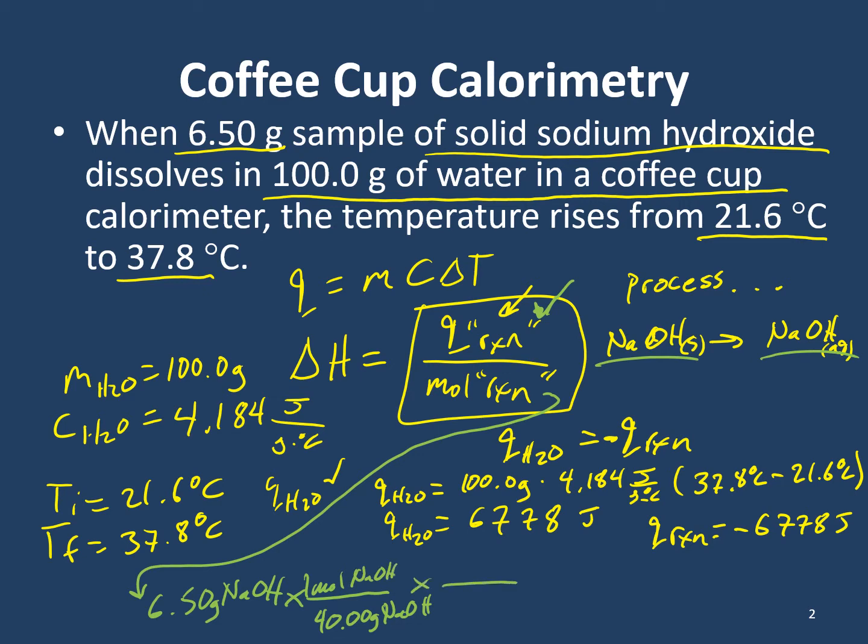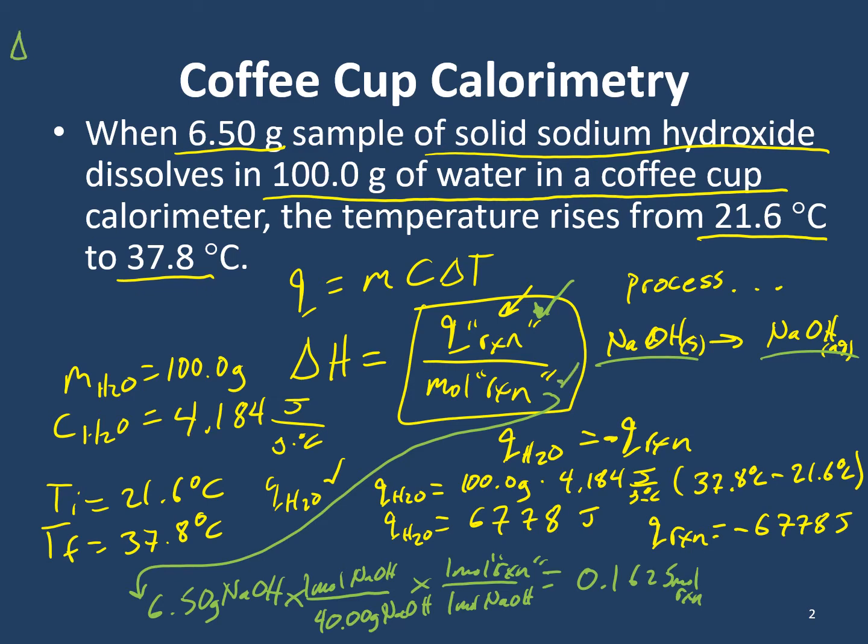And I know that for every 1 mole of NaOH, I get 1 mole of, again, quote unquote, reaction or process occurring. This gives me 0.1625 moles of reaction.